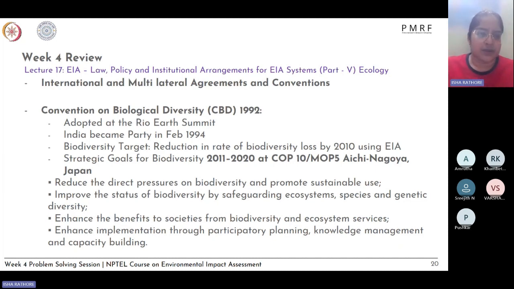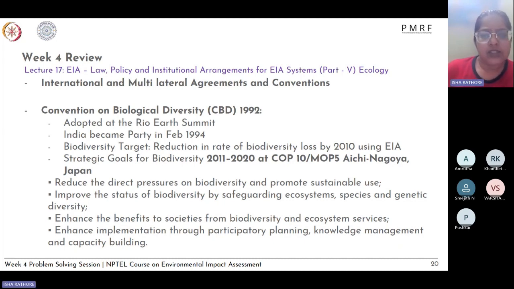The biodiversity target of the CBD is the reduction in the rate of biodiversity loss by 2010 using the EIA approach. Under this, they set up strategic goals for biodiversity for the period of 2011 to 2020 at the COP10 or MOP, and this included the Aichi Nagoya measures or strategy.